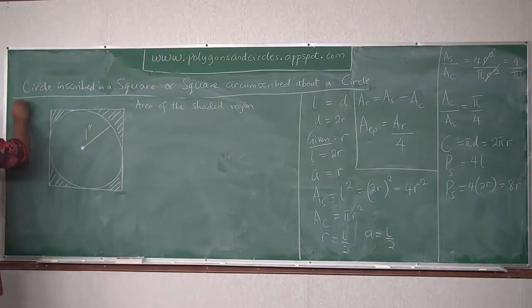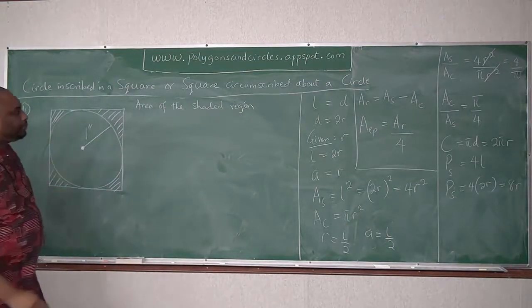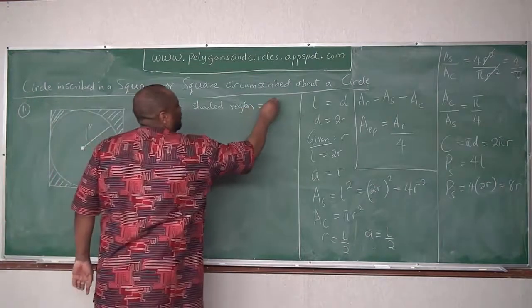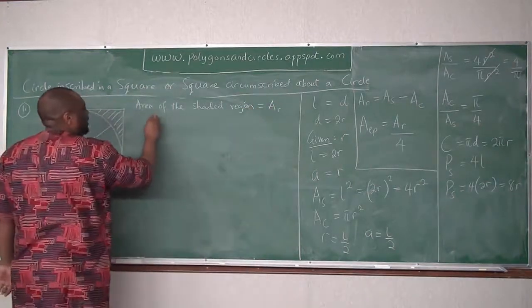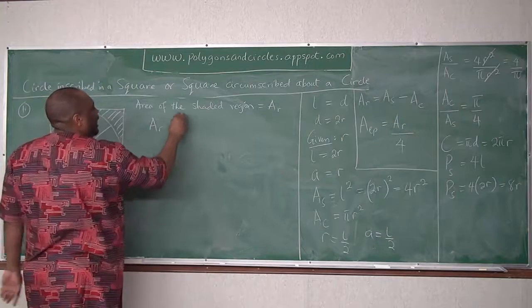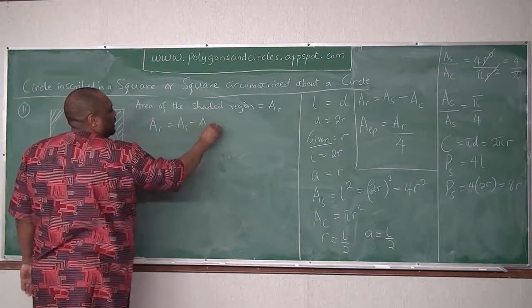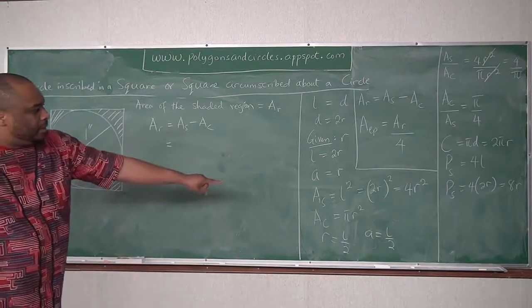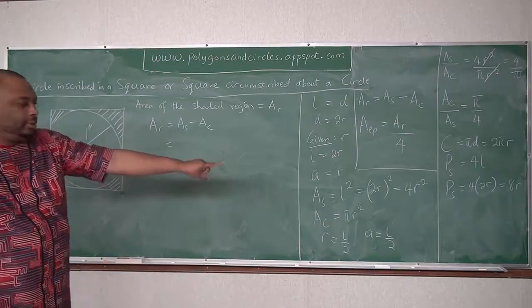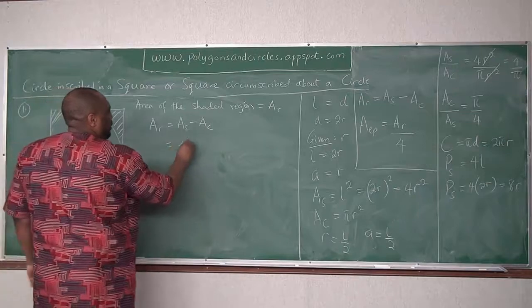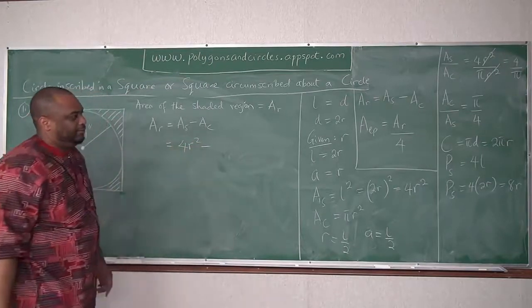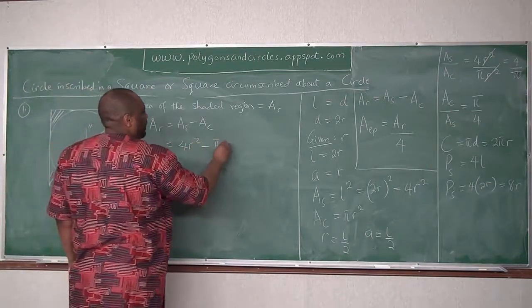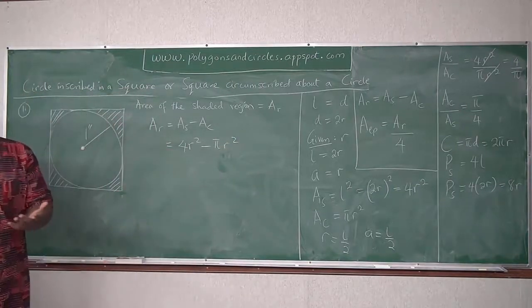So that is the area of the square minus the area of the circle. Now the area of the square is 4r squared, minus the area of the circle, which is pi r squared.